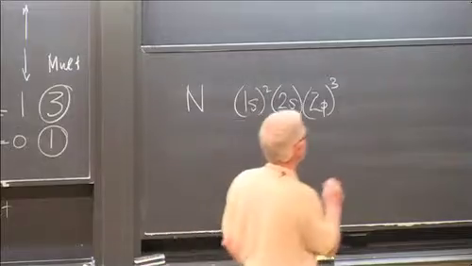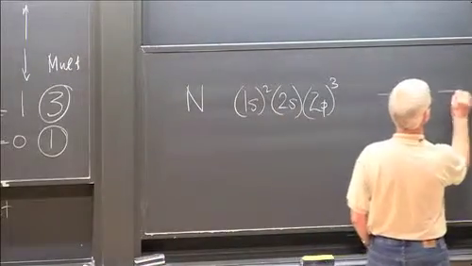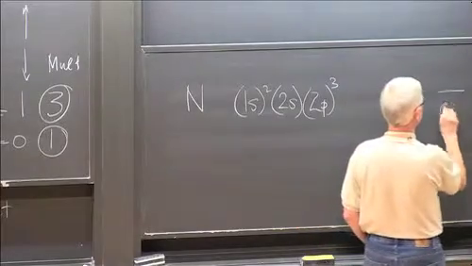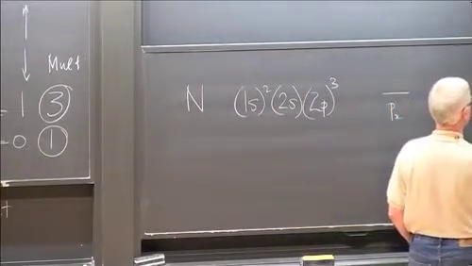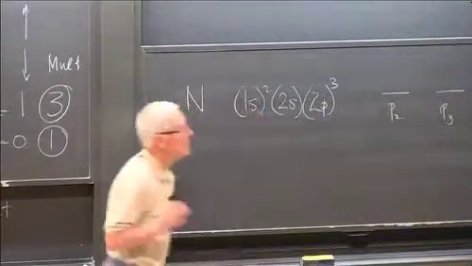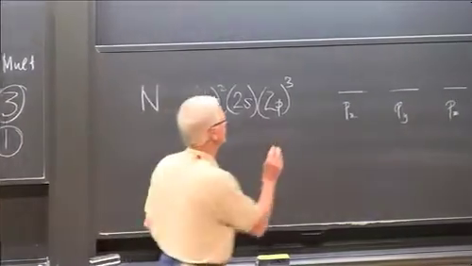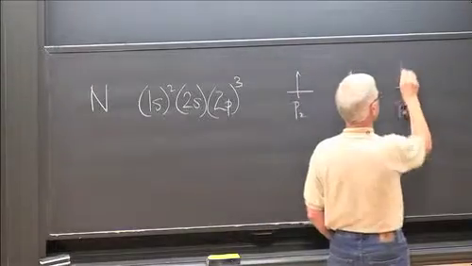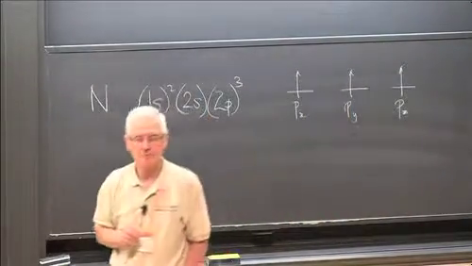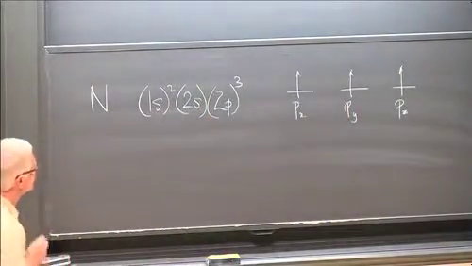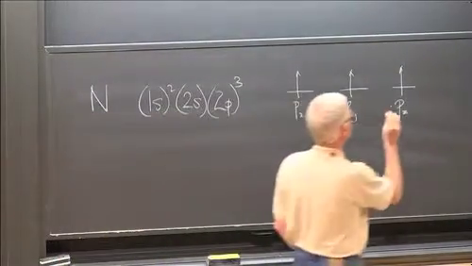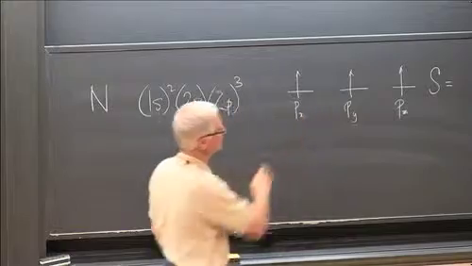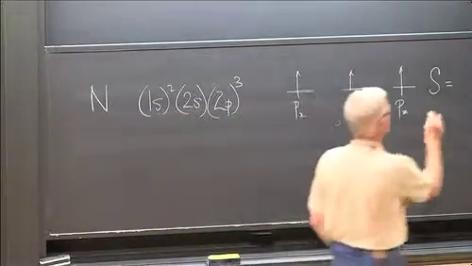And there are 3 p orbitals, which are labeled px, py, pz. The most stable configuration is for those electrons to go in with their spins parallel. If they do that, then the total spin is going to be equal to a half plus a half plus a half, which is 3 over 2.